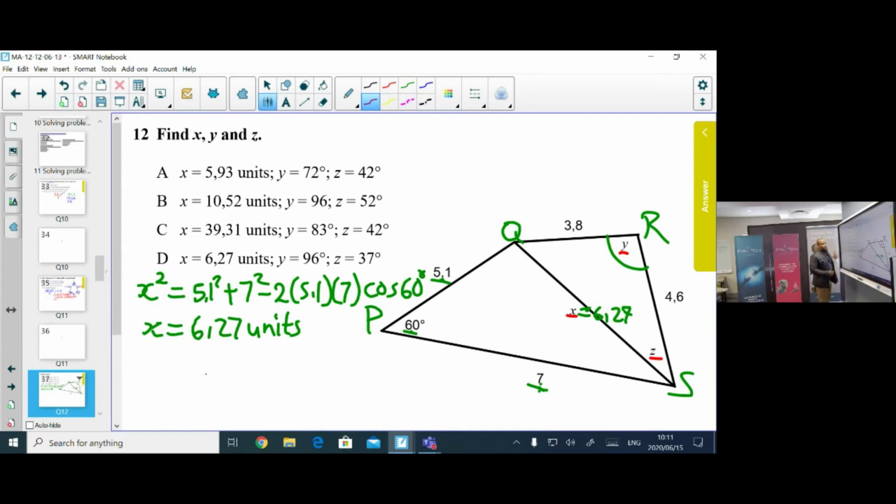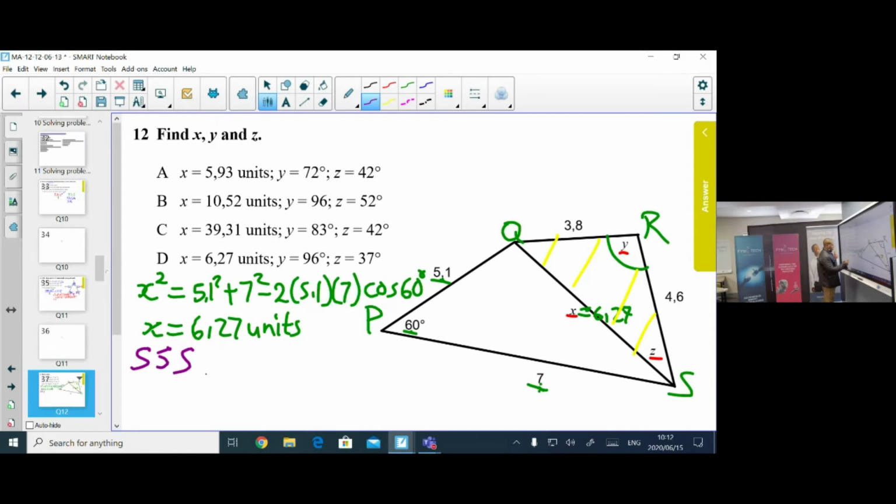And to get y, we have to use the triangle QRS. And as you can see, we have 3 sides given. In other words, we have side, side, side in that triangle. So to get our y, which is an angle, we need to make sure that y is in between the 2 included sides.